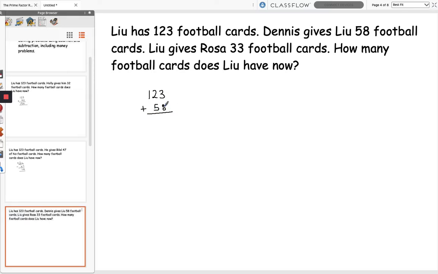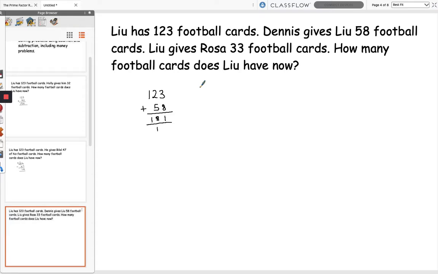So 3 add 8 is 11. So put 1 down and carry 1 across. 2 add 5 is 7. Add my 1 at the bottom is 8. And 1 add 0 is 1. So after Dennis has given him 58 football cards, Liu's got 181.